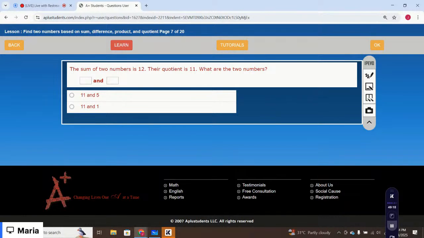Eleven and 1 have the sum 12 and quotient 11.